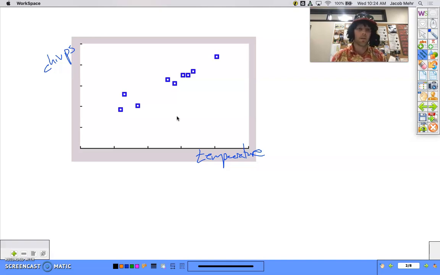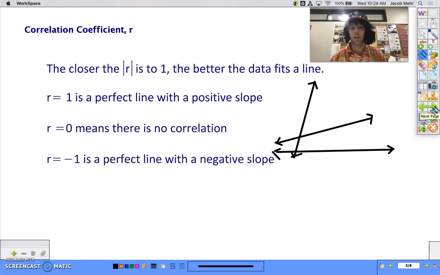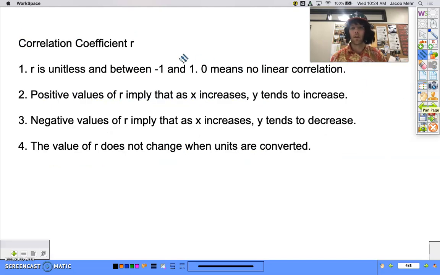Now, I'm not going to give you the formula for calculating R, but the units would cancel out in that. We're going to just use technology to calculate R. It goes from negative 1 to 1. So R has to be less than or equal to 1 and greater than or equal to negative 1. 0 means there's no linear correlation at all.